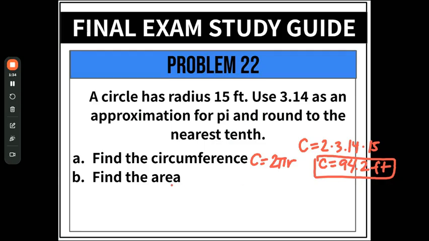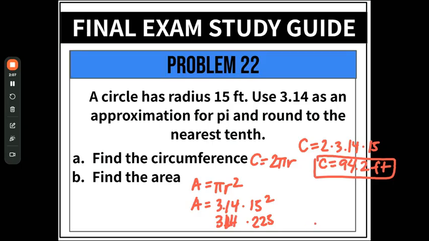Now, for area, it's going to be the space inside the circle. And the formula for that is A equals pi r squared. So let's multiply here. A equals 3.14 times 15 squared. 15 squared is going to give us 225 times 3.14.